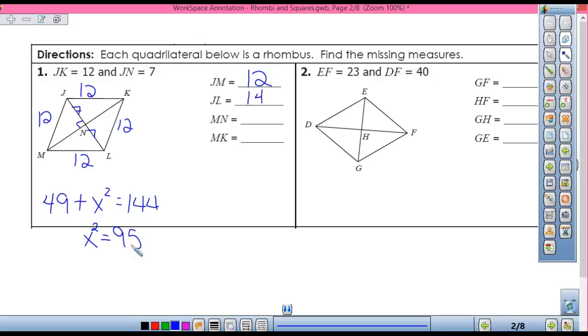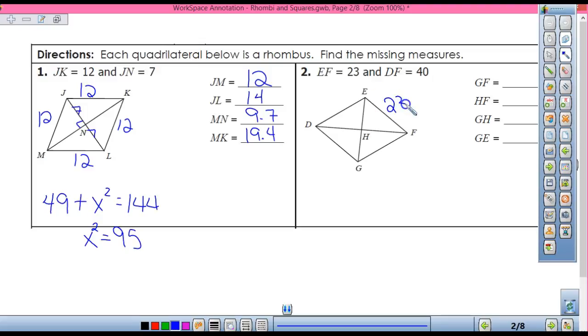The square root of that is 9.7. That's MK, so it's 19.4. Why? Diagonals bisect each other. Yep. Remember, all these properties are listed at the top of your page. You can read them.